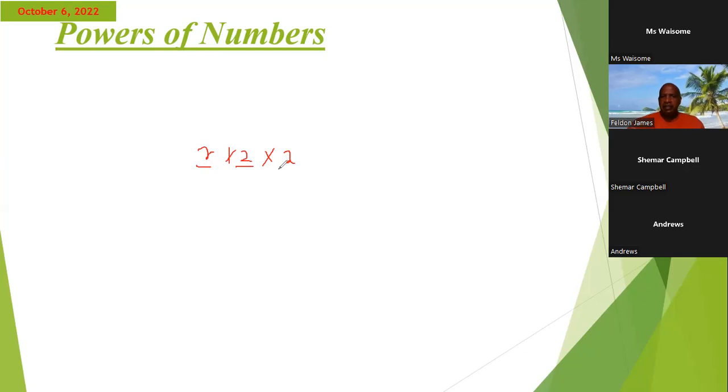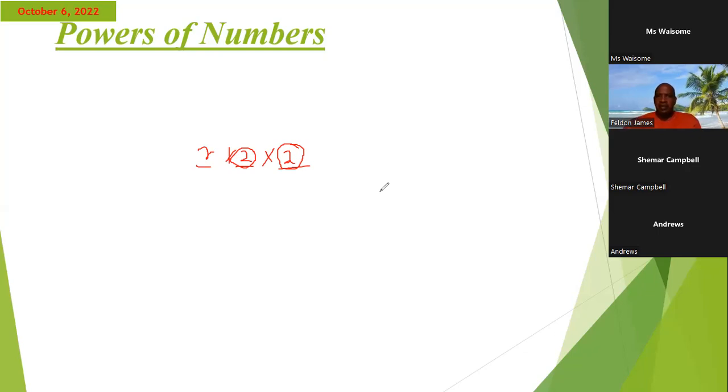Then you multiply by itself another time. Does that fit your definition? Yes, sir. 2 to the third power. No, but based on that, you would only multiply it 2 times. Sir, when you have 2 to the second power, it's just 2 times 2, which is 4.